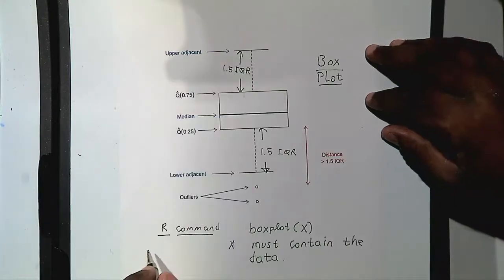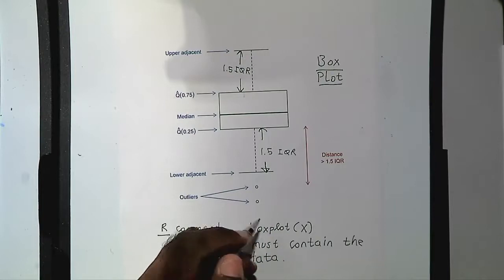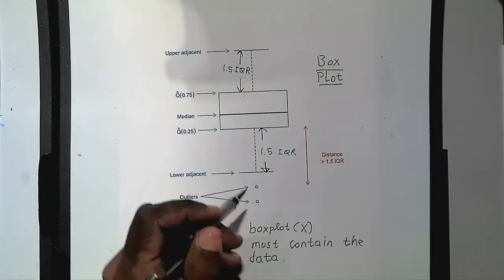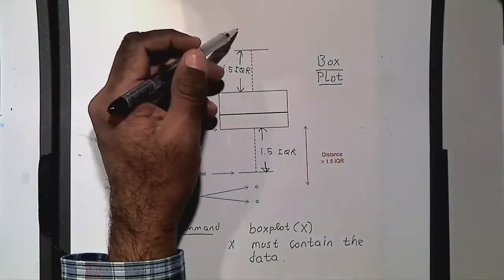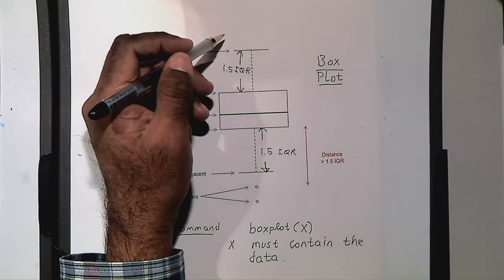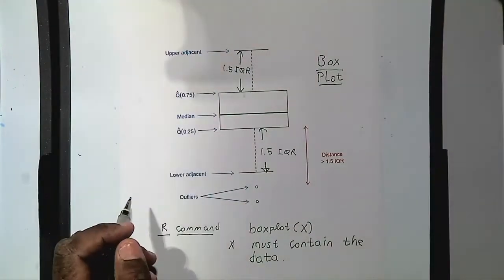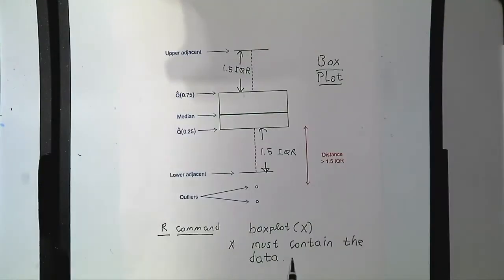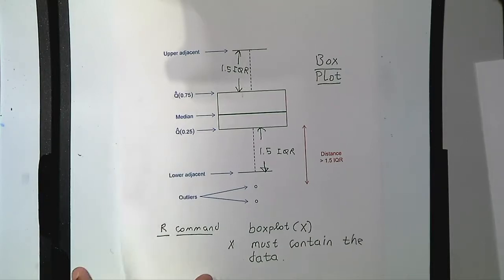Any data point that goes below this line or above this line is known as an outlier. Is that clear, guys? Next week we will have a computer lab session, and we will learn how to draw box plots, histograms, and so on. In R, the way to draw a box plot is using this command, boxplot(x), where x is the variable name.